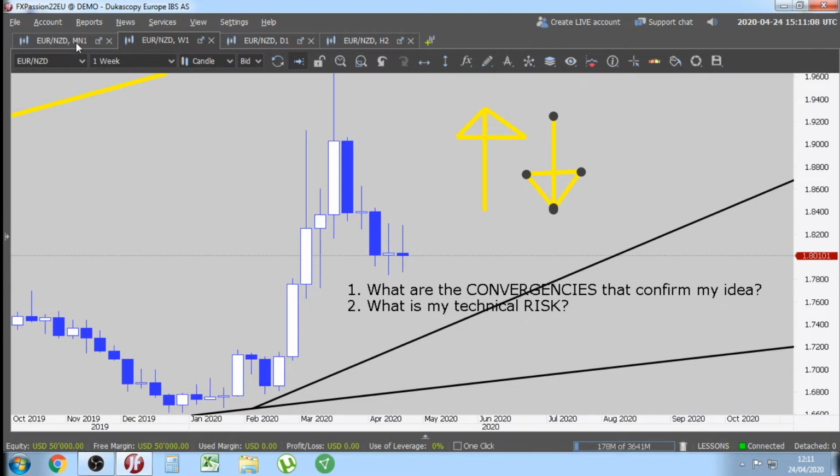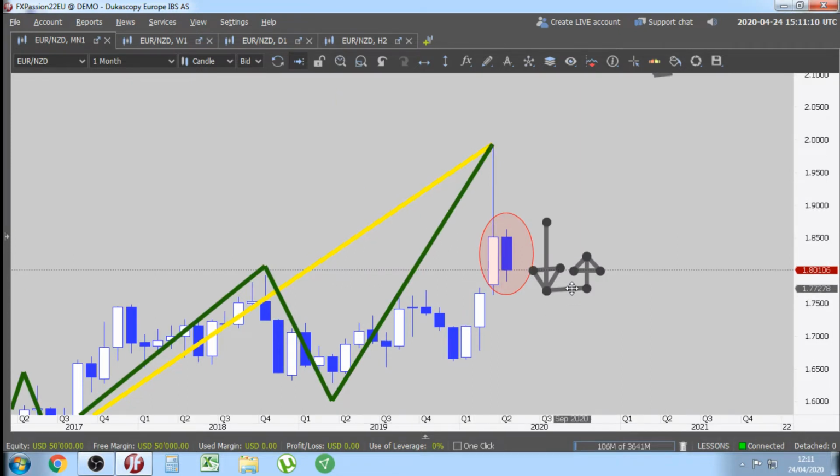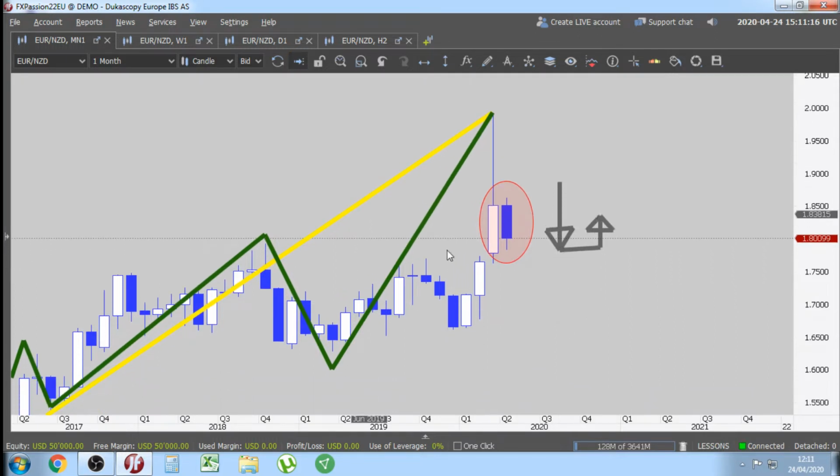See, everybody, the puzzle, the mind puzzle, is how to think from the monthly to the weekly to the daily and lastly to the 1 to 4 hour chart. Okay, from the monthly chart, long term we are up, right?